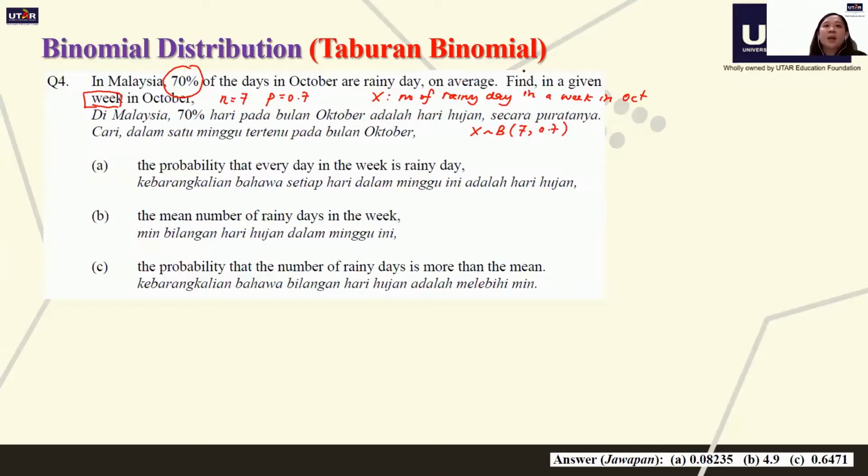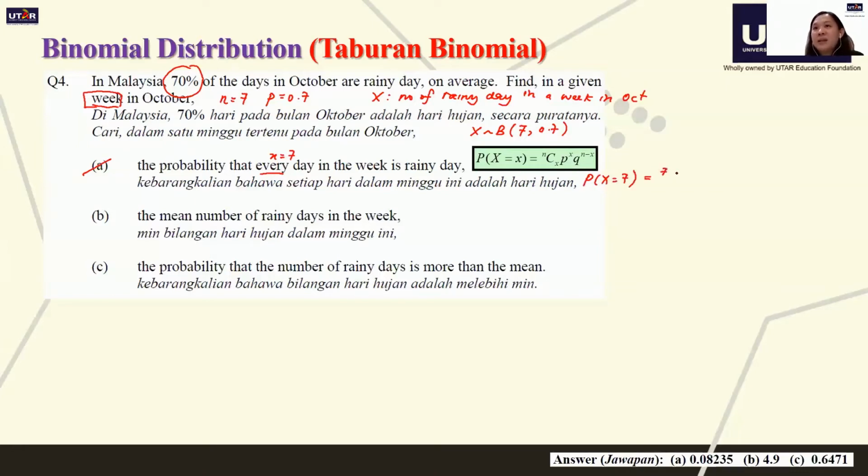Okay, now part A. The probability that every day in a week is a rainy day. Every day means they refer to the small x here as 7. So again, use the formula for probability. I will have P(X = 7). All the 7 days are rainy days, right?